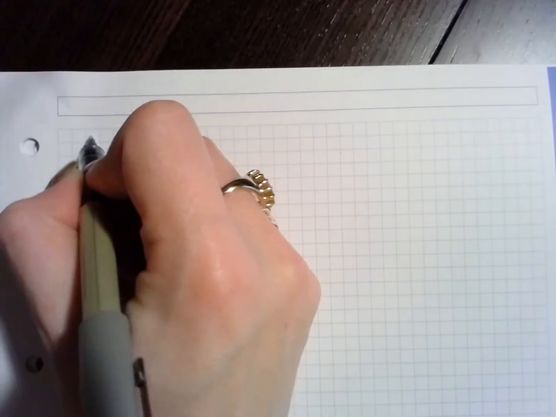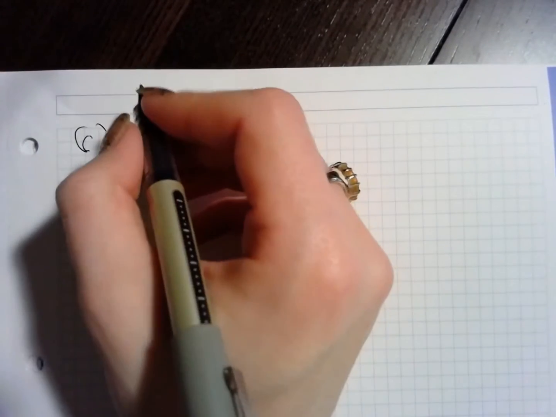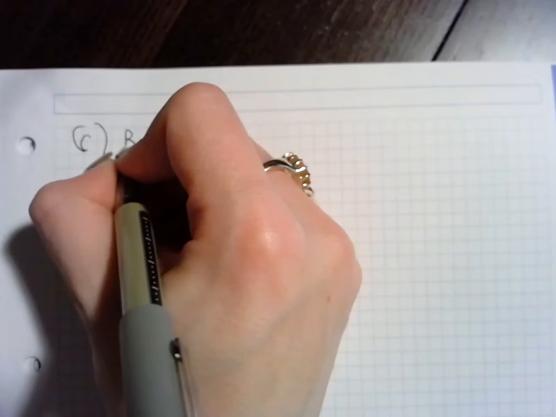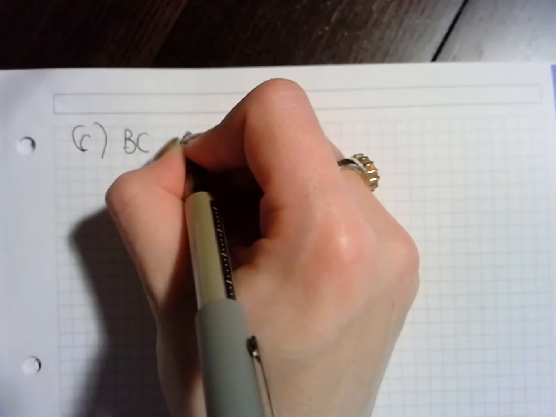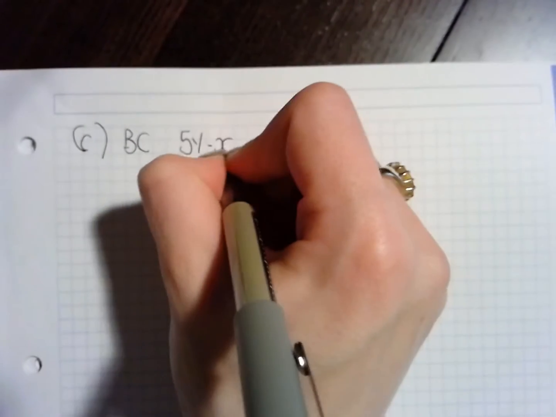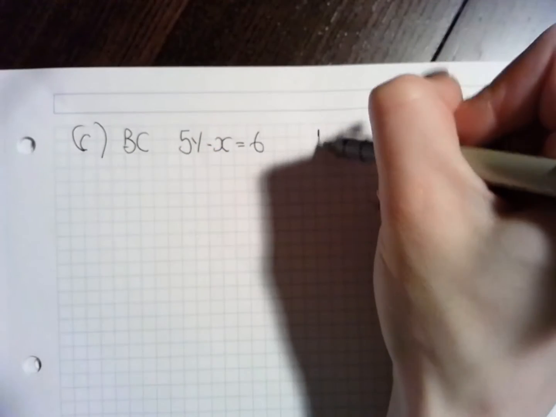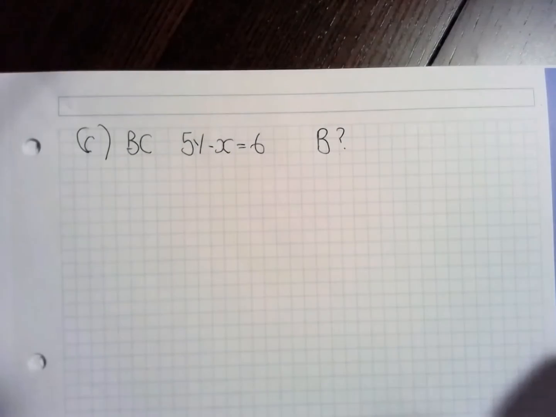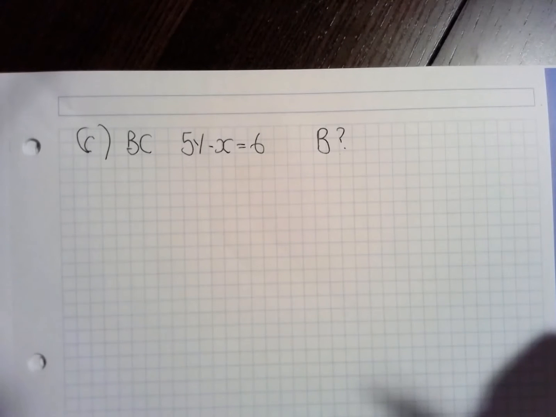Okay, so question C gives you that the line BC has equation 5y minus x equals 6, and it wants you to find the coordinates of B. So you just need to use what you know at this point.